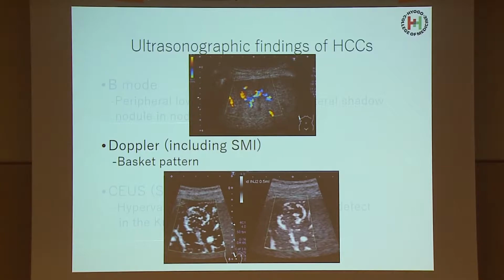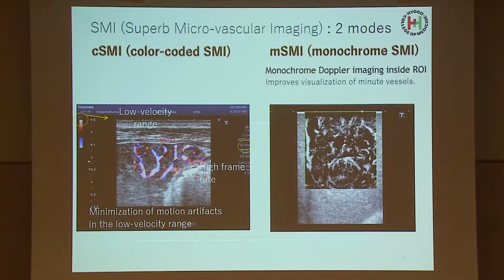Here, I would like to present SMI. This slide shows an SMI image. Left picture is a color SMI image, and right picture is a monochrome SMI. As you can see, this displays micro vessels with low flow velocity, but artifacts are minimized.